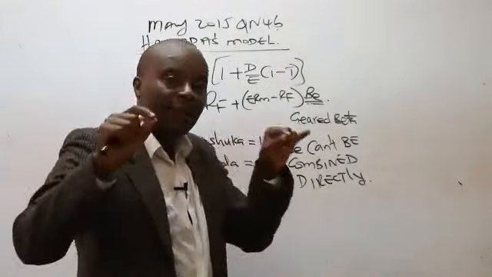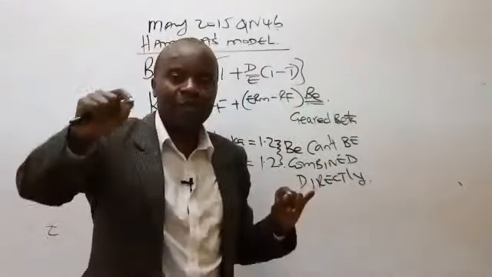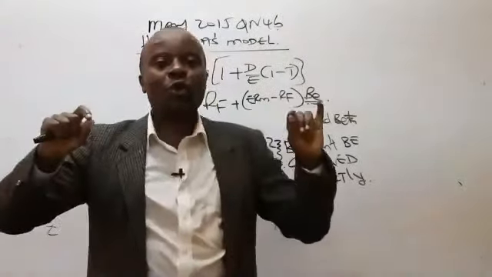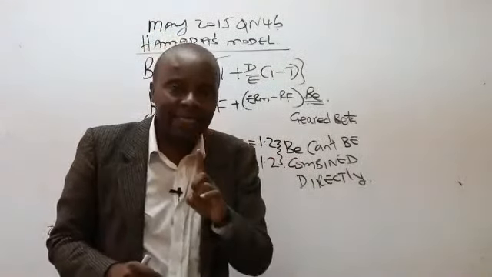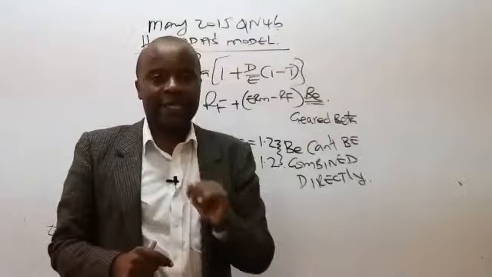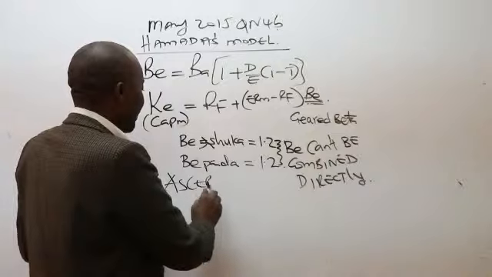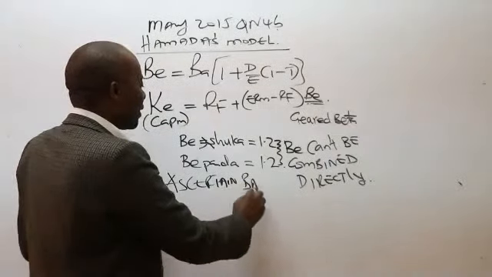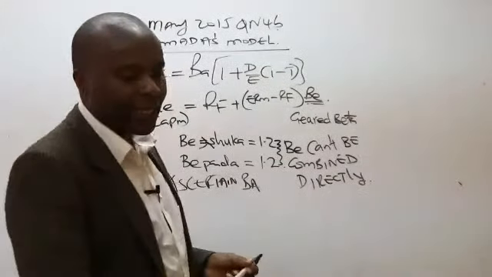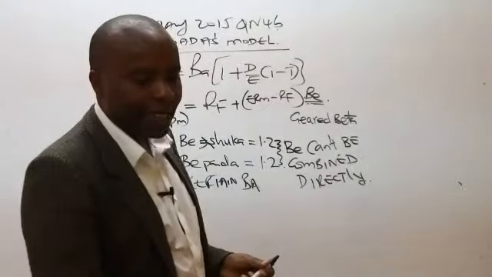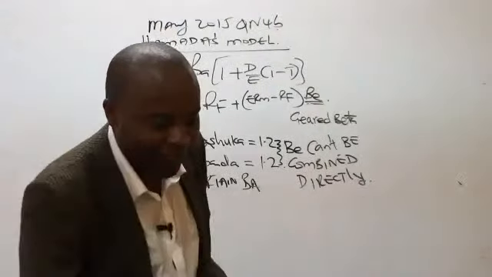If I'm given beta equities of two companies, beta equity of Shuka and beta equity of Panda, and I would want to combine them, the first thing I need to do is to ascertain beta assets for each company.